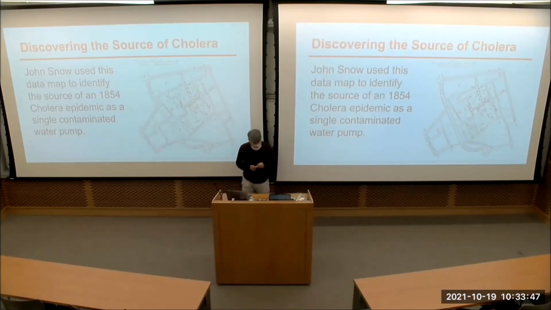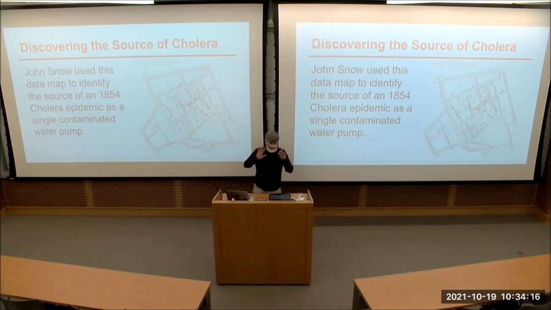This is a data map that many of you have probably seen over the last year and a half, because it has been reprinted many, many times because of the coronavirus epidemic. What is this? This was a famous map that was used to discover what caused a disease called cholera.